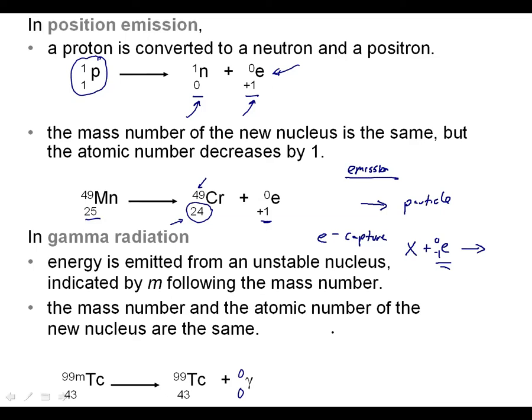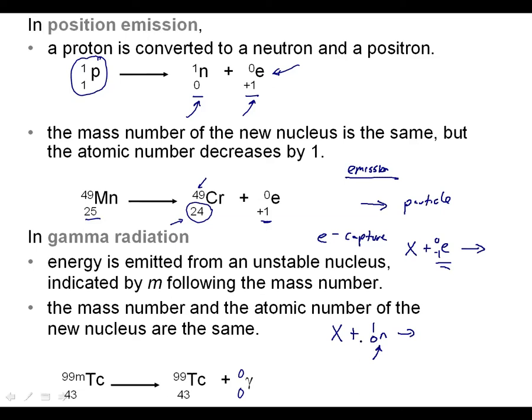And sometimes you'll see the word, or somebody will say, bombarded. So like this element was bombarded by neutrons. If something's bombarded, that means you're pretty much adding it as well. So bombarding something means that particle will end up on the reactant side.